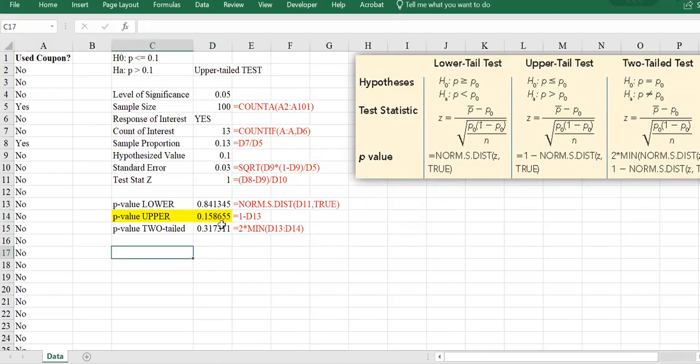So since this is greater than alpha, we fail to reject the null hypothesis. So we don't have enough evidence to reject this, right? So this means that even though the sample proportion is higher than 10%, it's not large enough for us to go ahead and reject the null hypothesis, all right?